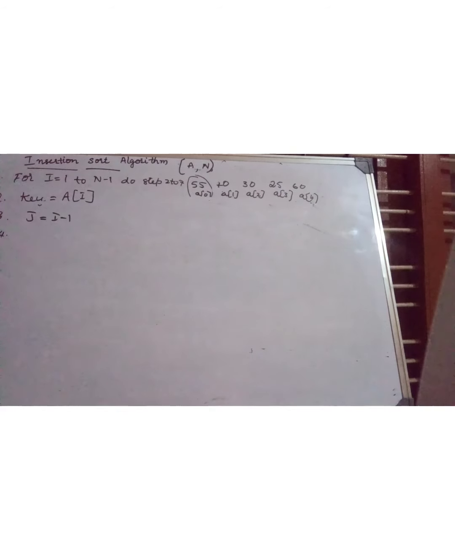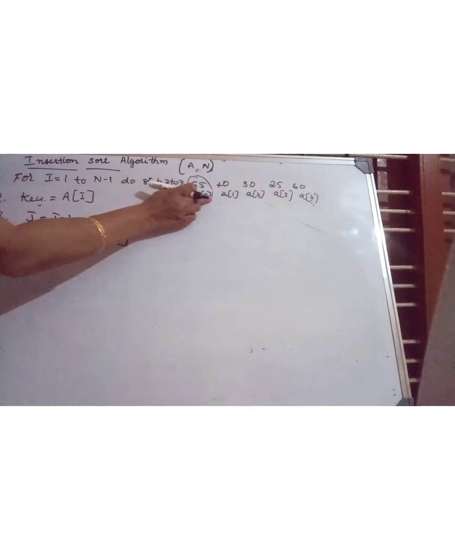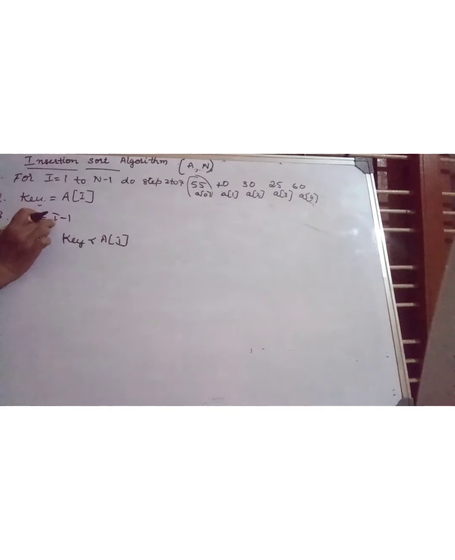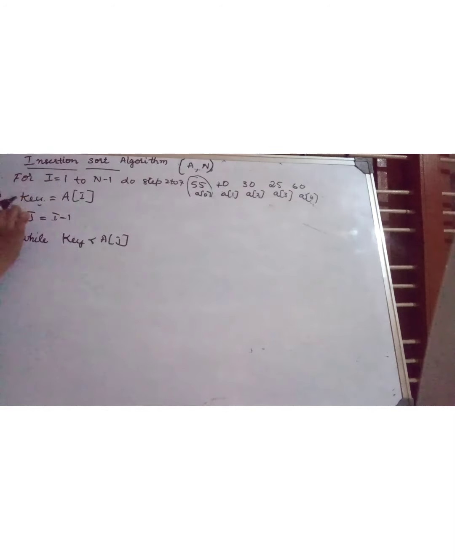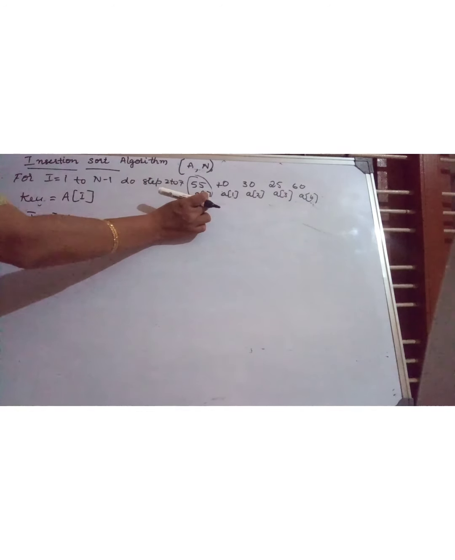As I told, I have to compare using a while loop where the key element is less than A of J. J means the previous element. When I becomes 0, then J will be the previous. This is the first element.